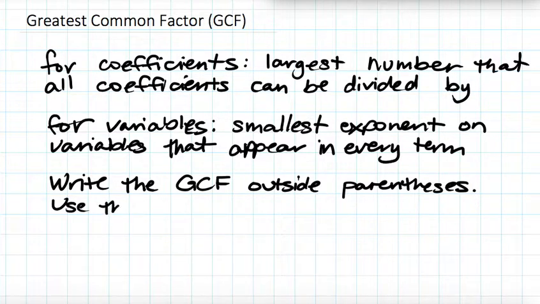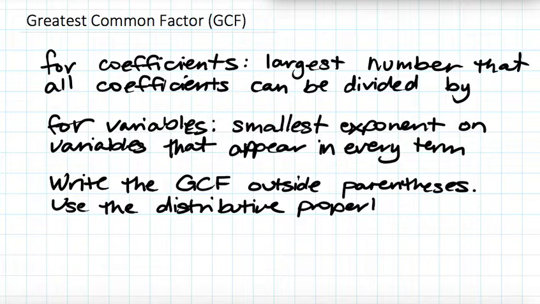So factoring out the GCF, you always want to think about backwards distributive property. If you use the distributive property on what you've factored, then you should get back to what you originally started with. So it's really easy to check your answers for these, and I highly recommend that you check your answers, obviously especially on the test, but you should be checking your answers by using the distributive property to make sure that you get back to what you started with.